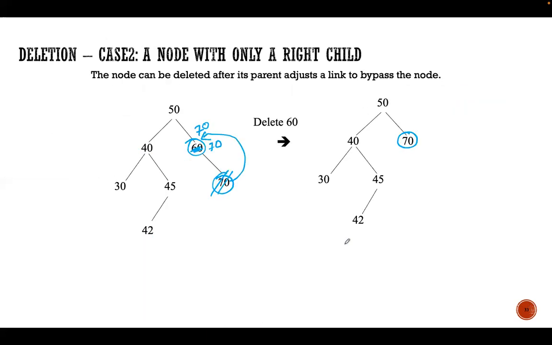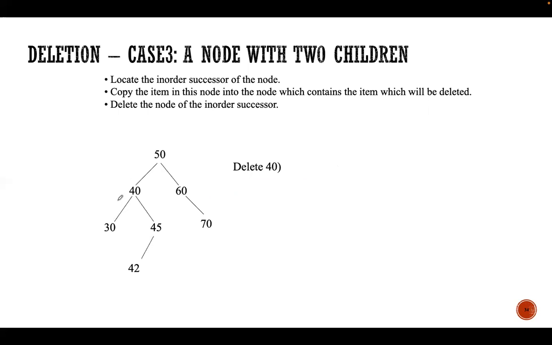So what we can do here, this node we are going to delete. We can pick either the largest node from this left subtree or the smallest node from the right subtree.